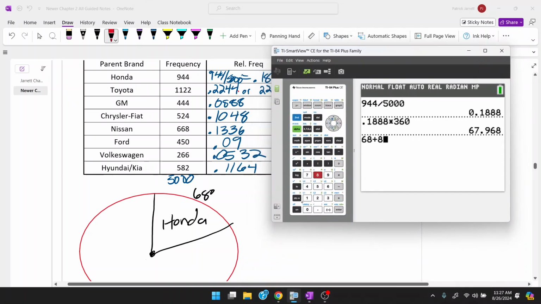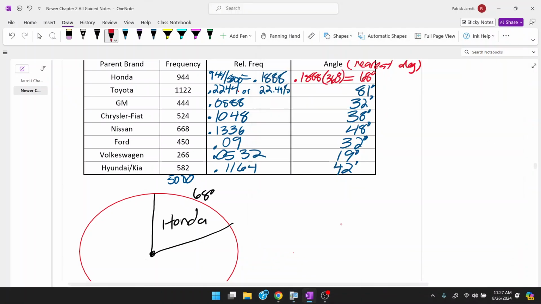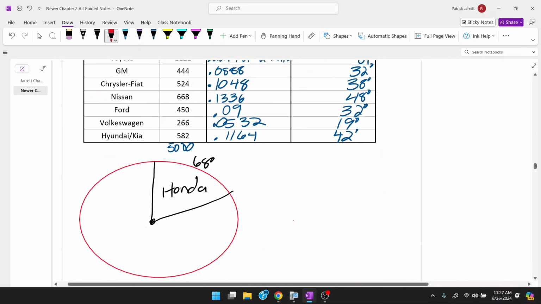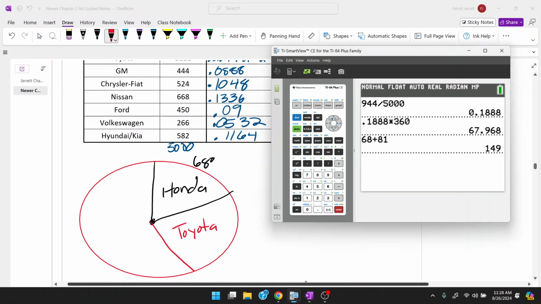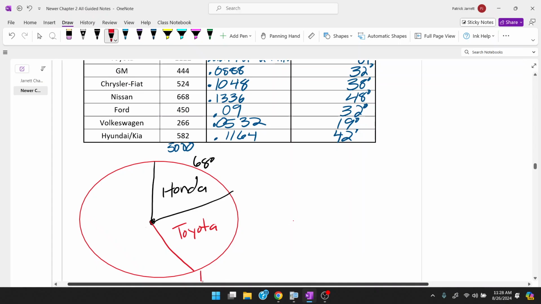Yeah, 149. So 149 degrees, that would be past 180. And again, I'm not going to be like that state trooper where I pull out a tape measure and measure how precise you are.